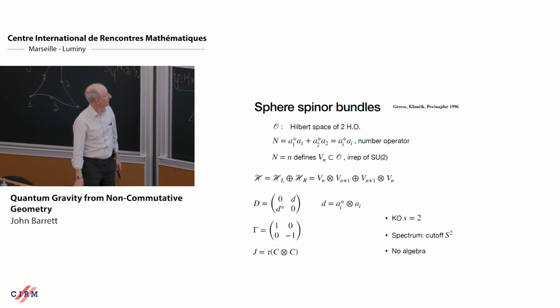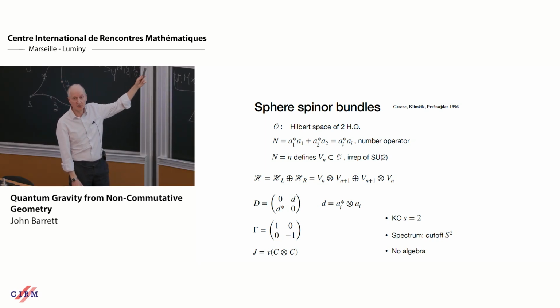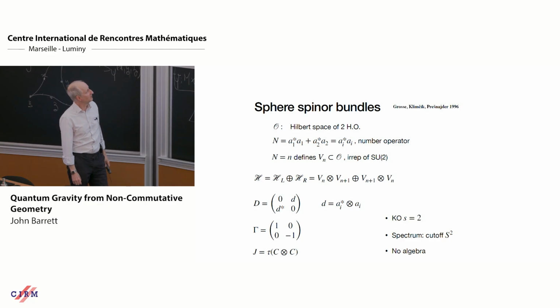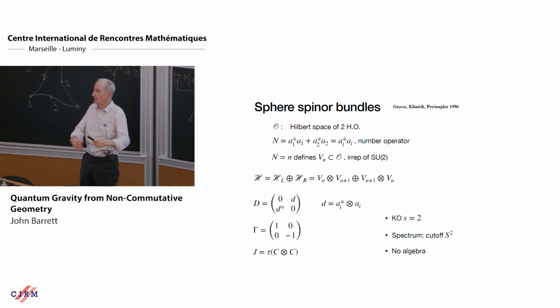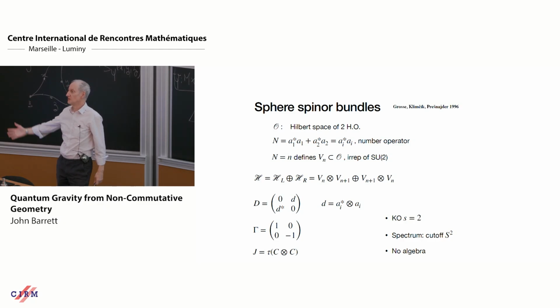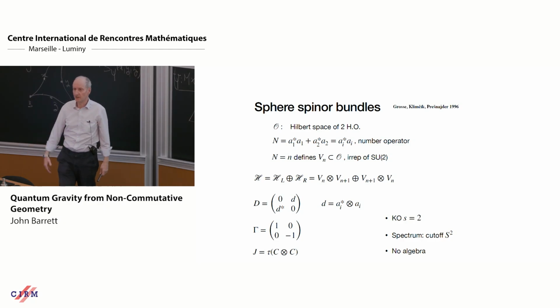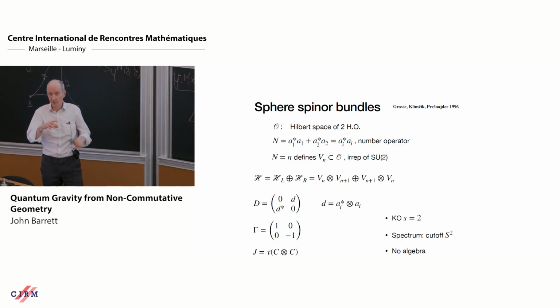If you think about the representation content of these things, it's what you would expect: if you take Vn tensor Vn plus 1 and take the limit, or inductive limit, as n goes to infinity, then that becomes the representation content of the sections of a left-handed spinor bundle on an actual regular sphere. So group theoretically, it captures the whole thing with the topology and all.